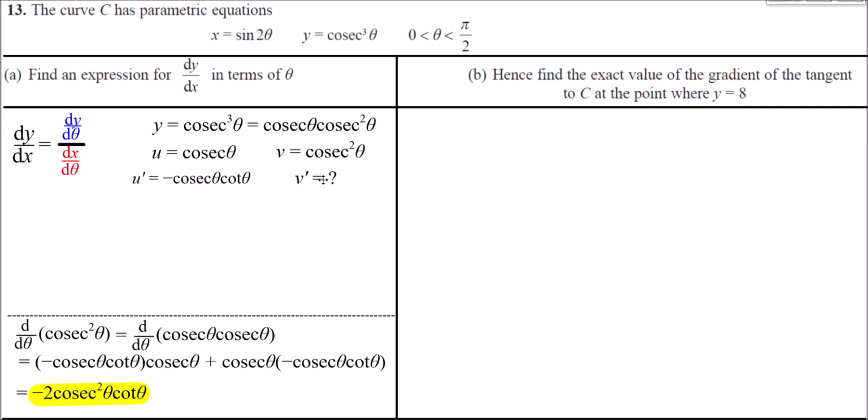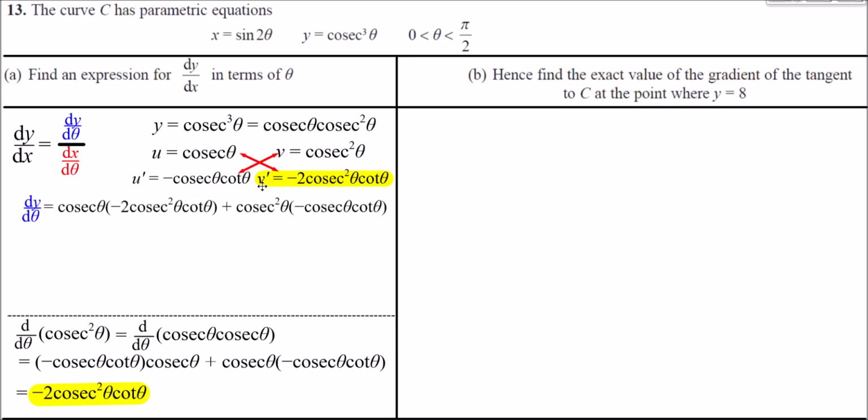So now we know what v dashed is, there's nothing now stopping us from applying the product rule for differentiation. To differentiate cosec cubed theta, essentially I just do the cross multiplication of u v dashed and v u dashed. So the derivative of cosec cubed theta is going to be, I hold u constant multiplied by v dashed, which is this one here, cosec theta multiplied by minus 2 cosec squared theta cot theta.